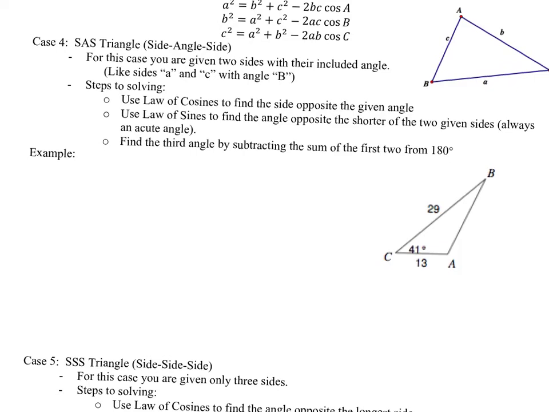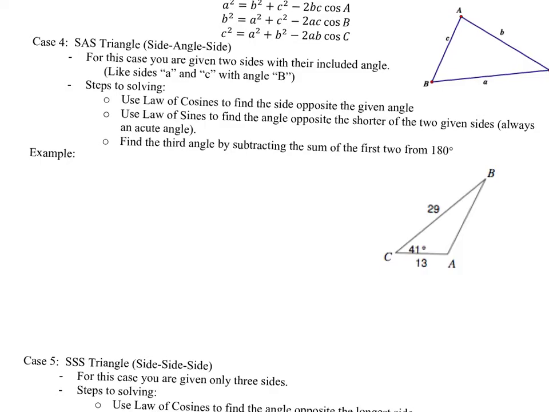We're trying to eliminate the possibility that we could have two solutions for the law of sines. So if we make sure that angle is always going to be an acute angle, we don't have to consider a second possibility for that. And then, of course, we'll find that third angle by subtracting the sum of the first two from 180.